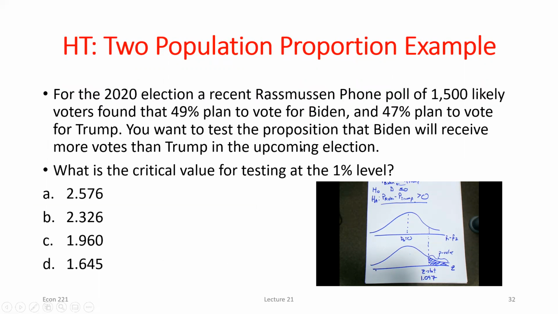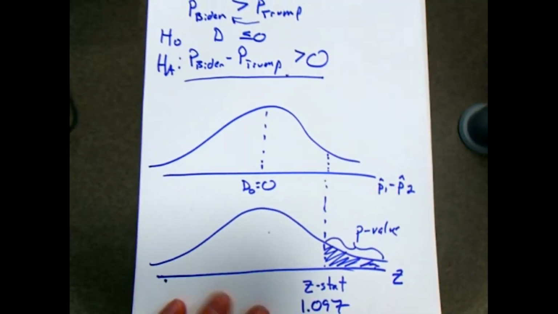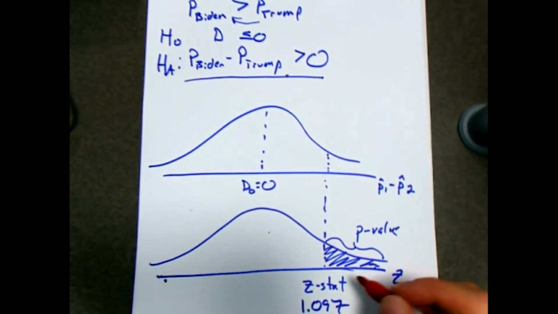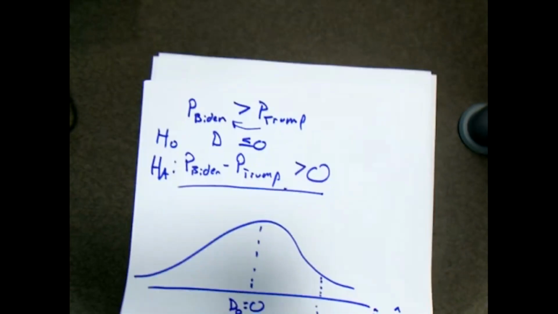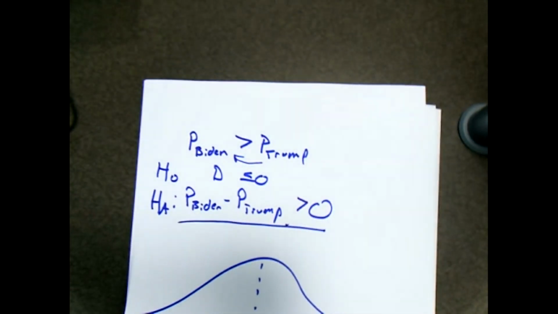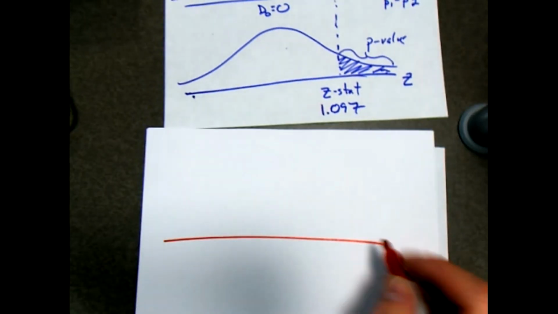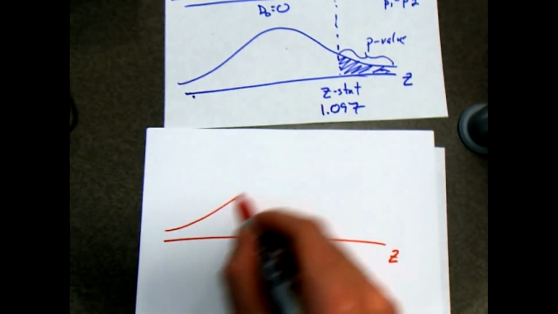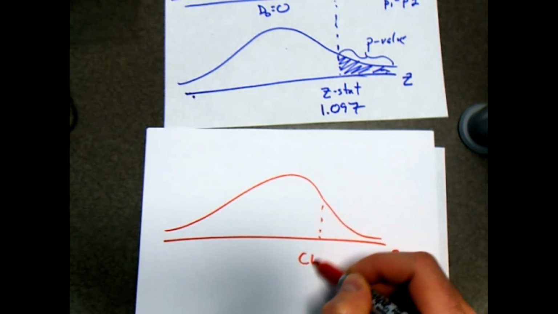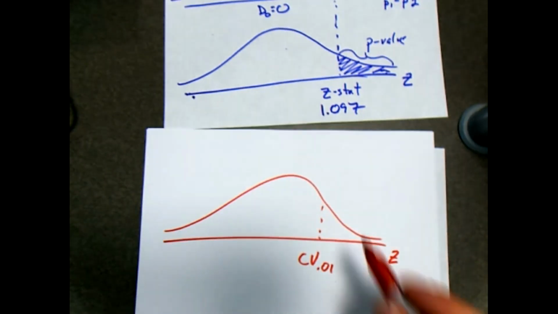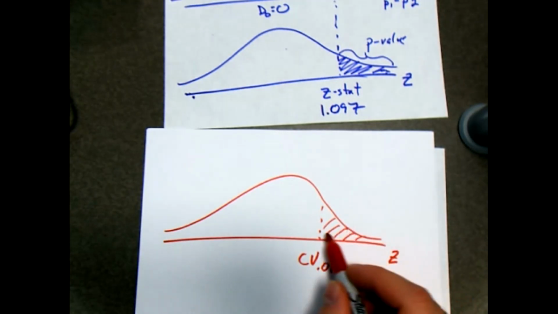what if I wanted to do this test at the 99% confidence level or the 1% significance level? So I want to find the critical value that gives me... well, I don't really want to draw on the same thing here, so I'm going to draw this on a separate sheet of paper. I want to find the Z value, or the critical value, that gives me 0.01 in this right tail.